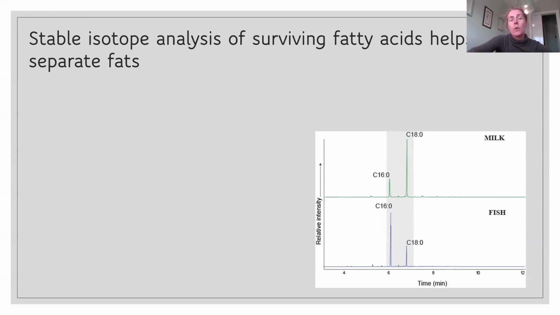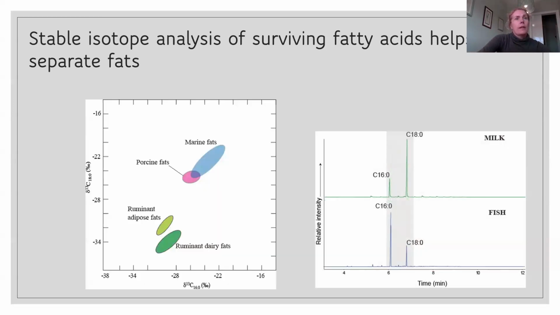But what we do with animal fats is, if you look at the stable isotope composition of the individual fatty acids, this can help you start to separate out animals from different metabolic groups by comparing them with reference fats. So if we measure the stable isotope composition of the C16 fatty acid and plot it against the isotope value of the C18 fatty acid, for a milk fat you'd expect it to plot down here, and it usually does.